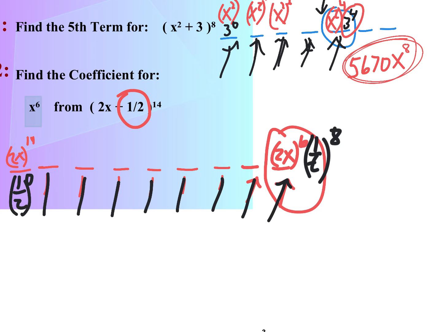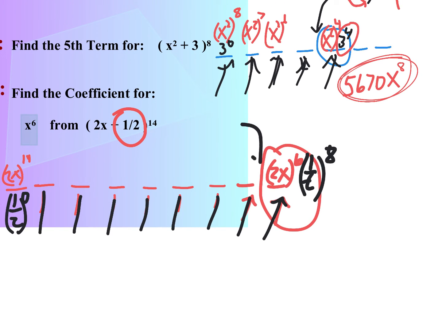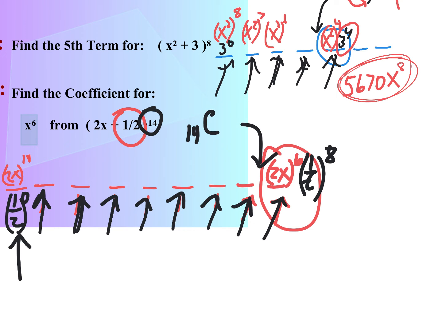And last but not least, we need that thing in front, and it always starts with this number, so 14 choose, and then this one would have been 0. So 1, 2, 3, 4, 5, 6, 7, 8. 14 choose 8, 2x to the 6th, 1/2 to the 8th. That's gross.